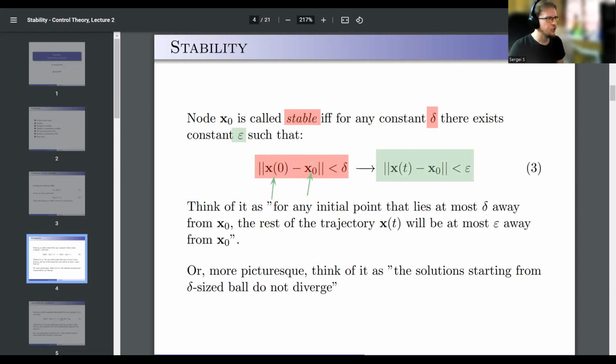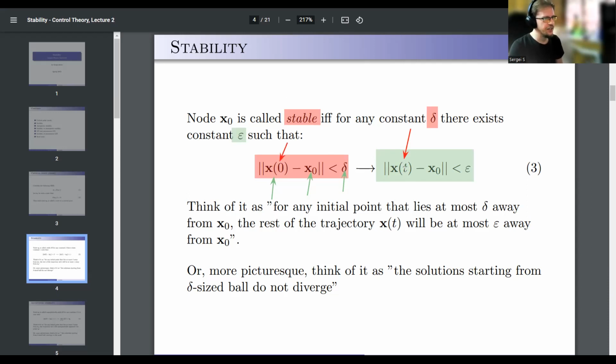So if the initial condition minus the node, the distance between them, is less than delta, then this implies that for any subsequent x that you get by solving the differential equation from this initial point, right?